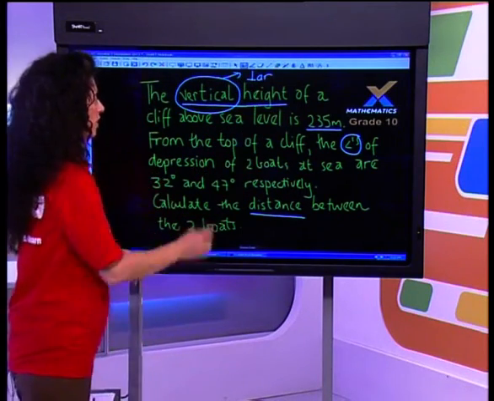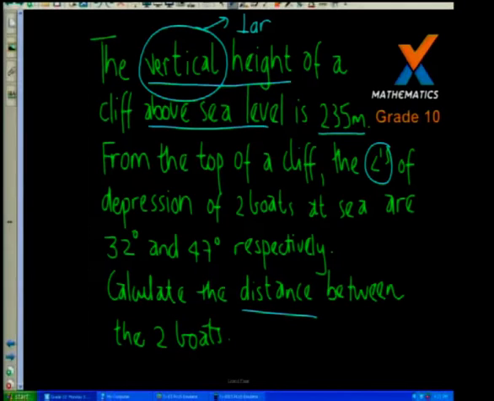And we're also given that this cliff is obviously above sea level. Then from the top of the cliff, somebody sees two boats at sea. And then we've got these words, the angles of depression. What do we mean by angles of depression? That's a very particular mathematical terminology, and it's got a very special meaning. And it means that if somebody is watching straight ahead, that would be horizontal, that's towards the horizon.